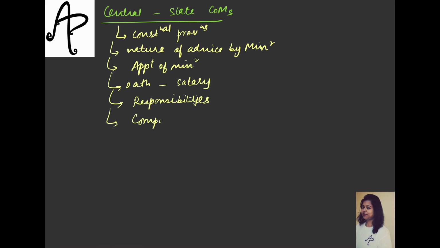What about the composition of the council of ministers, which came in the 2022 prelims from here, and a very important section on cabinet. It will again have multiple dimensions that we'll see when that topic comes.